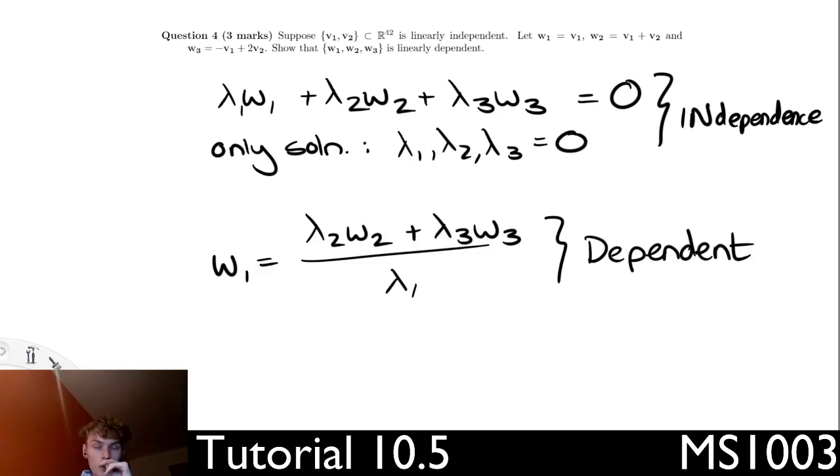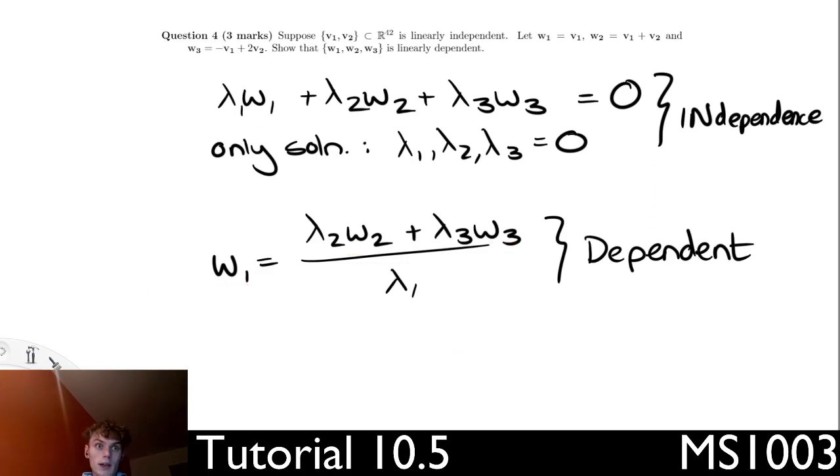Notice that if they're linearly independent, the only solutions are that all the lambdas are 0, so I'd be dividing by 0, which is a problem. You can't divide by 0 in math. So if vectors are linearly independent, you can't write the vectors in terms of one another. That's the main thing about linear independence.